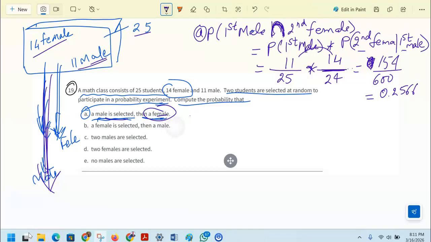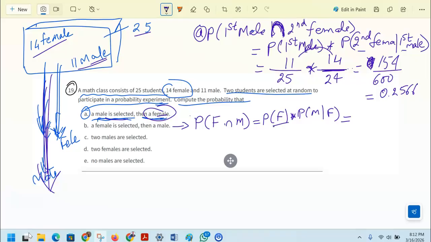We can do the same thing for the second one, probability that female is first, and then the male, right? So basically it means the probability that it is female, times the probability that the second one is male when you already know that the first one is female. This is another way to write using conditional probability.